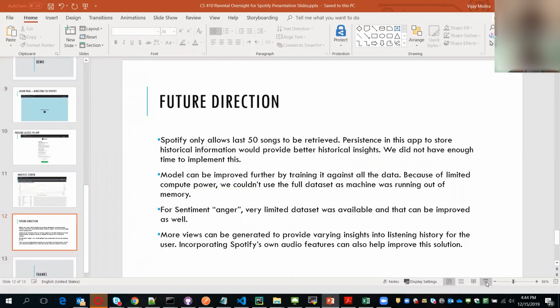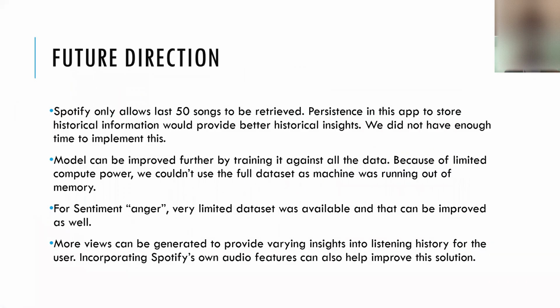Sam, over to you. Okay, so just some points on future direction in case people want to extend the project. Spotify, as we mentioned, only allows the last 50 songs to be retrieved. So persistence in the application, ideally some database, would be great to carry this project forward and allow better historical analysis. The model can also be improved by training against all the data, so that's another opportunity.